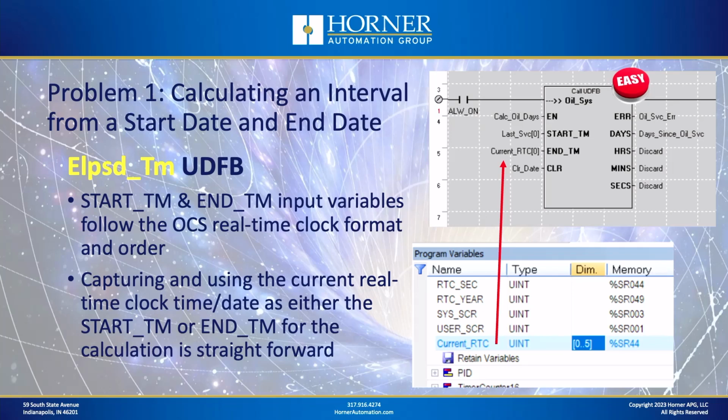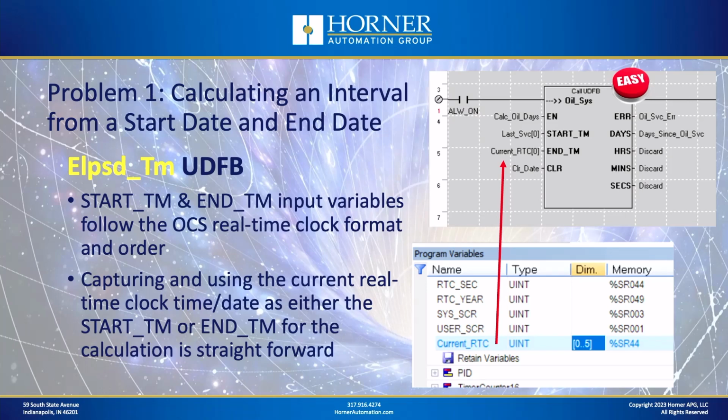So what I'm showing on the screen here is that the end time of this particular UDFB is a variable called current_RTC. Again, we know the start time, our last service date, and we're trying to see how many hours or days it's been since that service was performed.